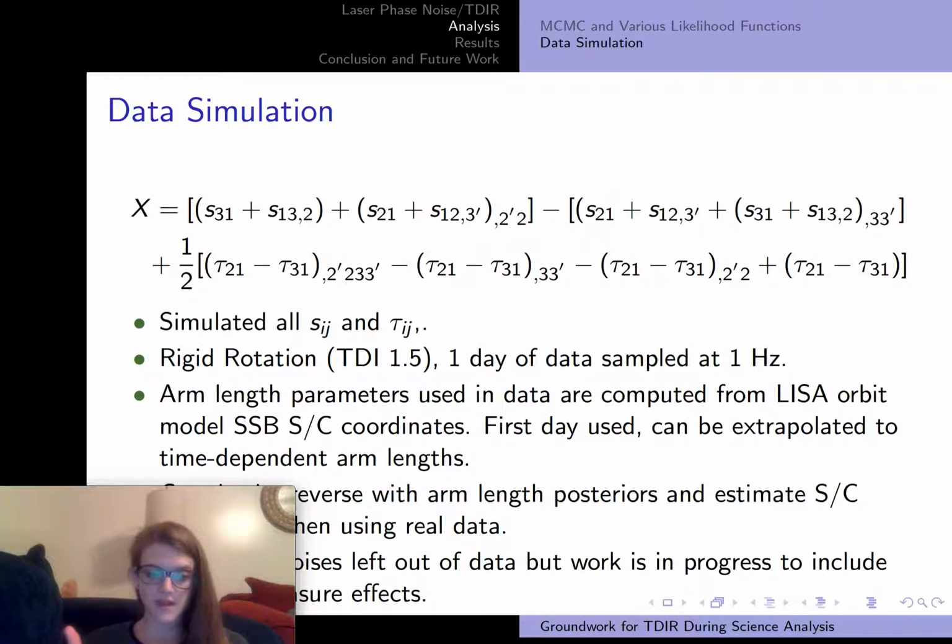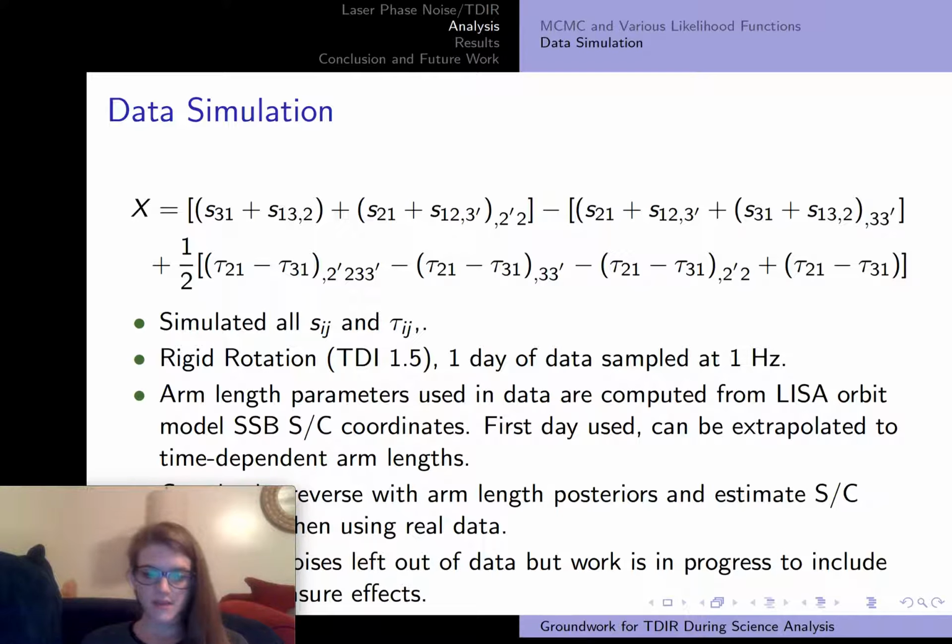So I just took the first day and input those into the science and reference measurements. But since you get time-dependent spacecraft separations, once you estimate the posteriors, you could do the reverse and estimate spacecraft ephemeris.